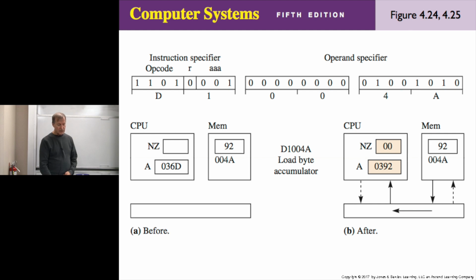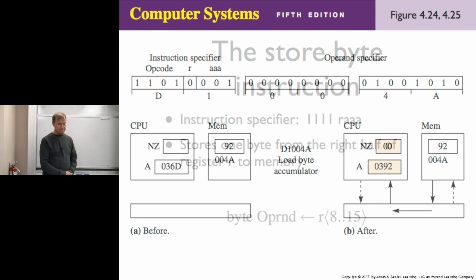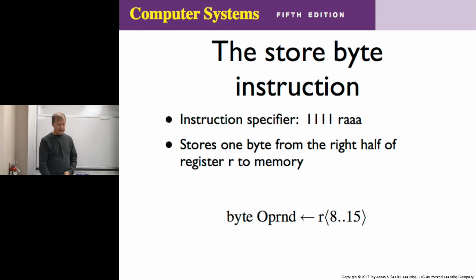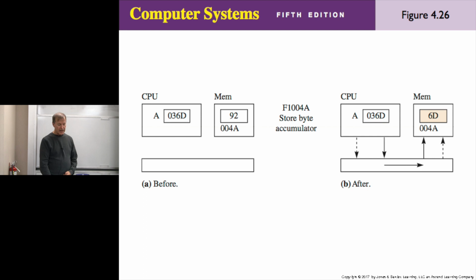And then the other one that we're going to do is store byte. The store byte has instruction specifier 1111, register field R, and then addressing field AAA. The example that we looked at in figure 4.26 was F1004A.